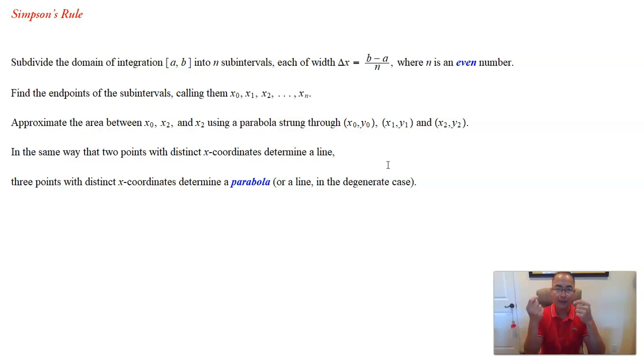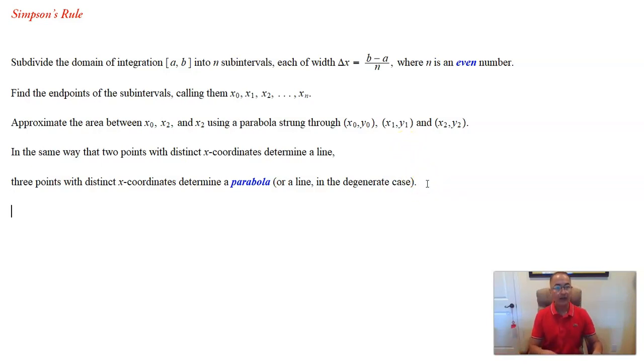In the same way, by solving for the coefficients of a parabola, a, b, and c, if you have 3 points with distinct x-coordinates, x0, x1, and x2, then it is possible to find values for a, b, and c, which will form a parabola passing through those 3 points. Okay, we will see that in GeoGebra in a minute.